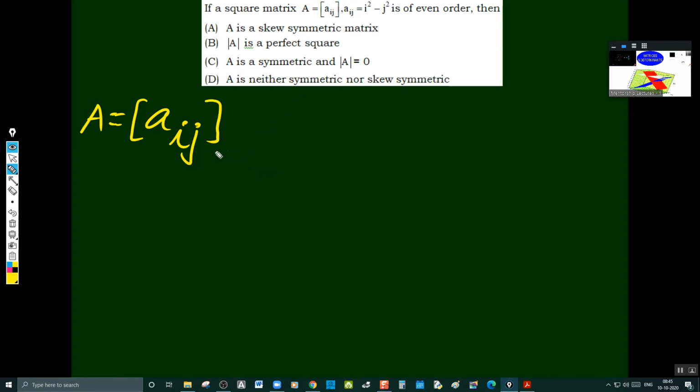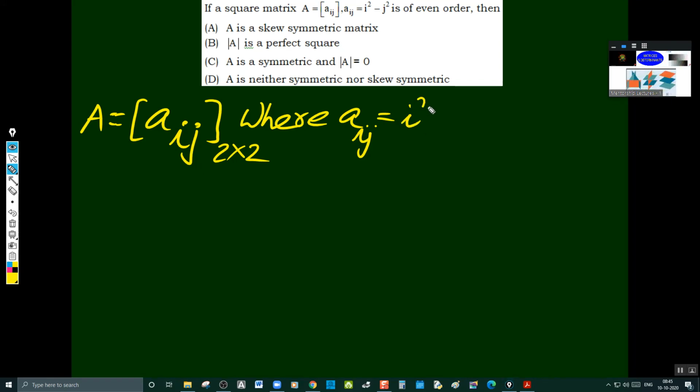I can take 2 by 2 also, because it is objective. Why should we go for higher order? So I have taken 2 by 2, and AIJ is equal to I square minus J square.